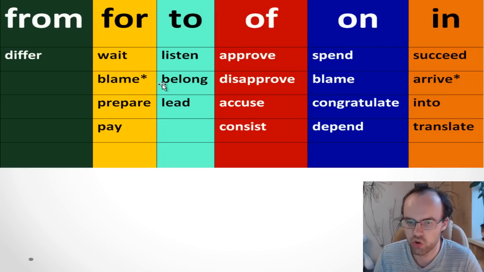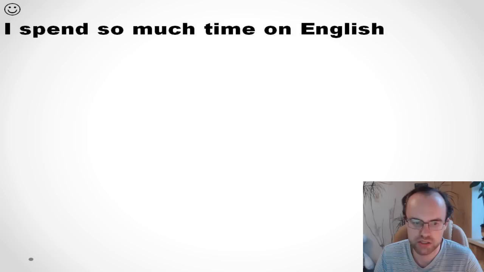Blame on, we have already talked about it. Sometimes we use blame for and blame on. It depends on a structure. Congratulate on, really, my friends, a very common verb. I'd like to congratulate you on passing the exam, for example.